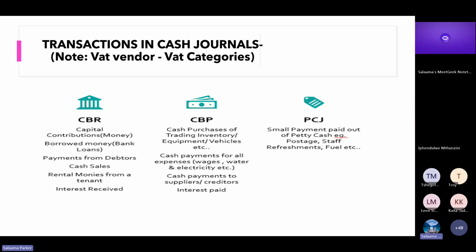If we received money in the form of a loan, it increases the bank balance. Payments from our debtors will also increase the bank balance. Cash sales, rental monies from a tenant, interest received.